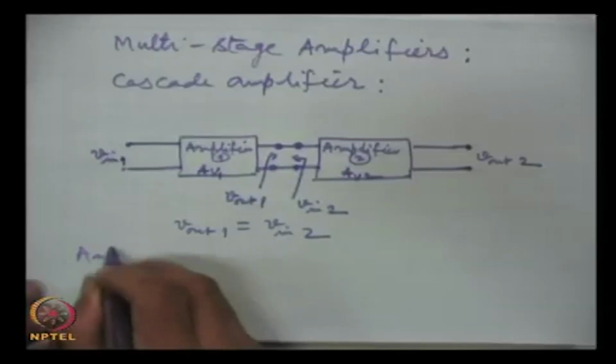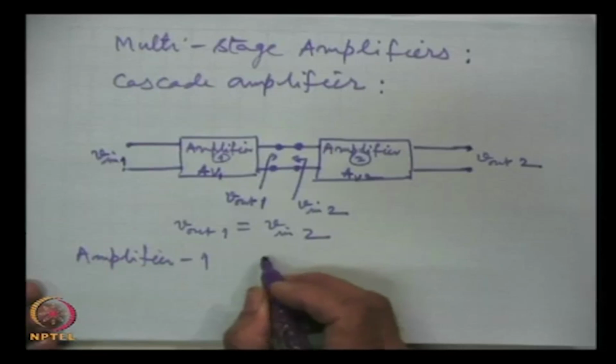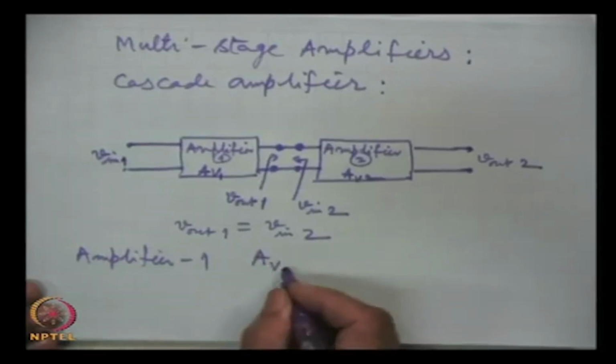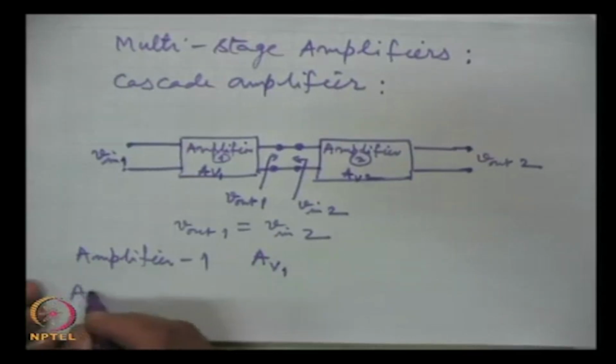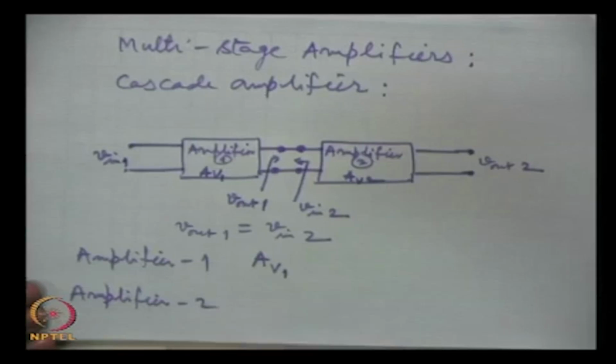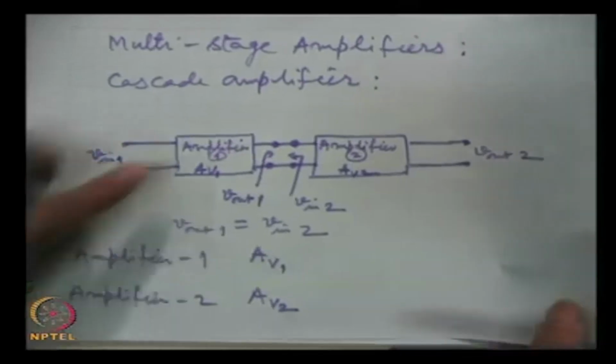If the individual stages, amplifier 1, has a voltage gain A V 1 and amplifier 2 has a voltage gain A V 2, then what is the net voltage gain in this amplifier?